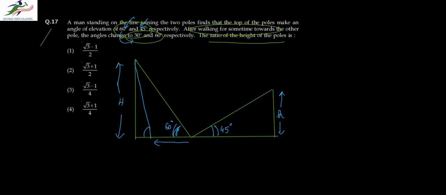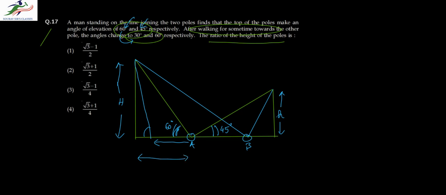So now let's draw the lines again. Let's say he comes here where the angle of elevation of the first pole becomes 30, and that of the second pole becomes 60. So this is the second point. Let's name these points now. I'll name the first point as A, the second one as B. And we also name the distances.